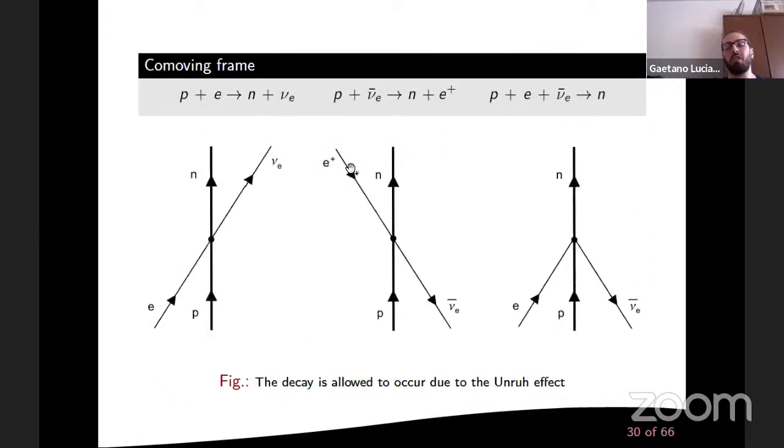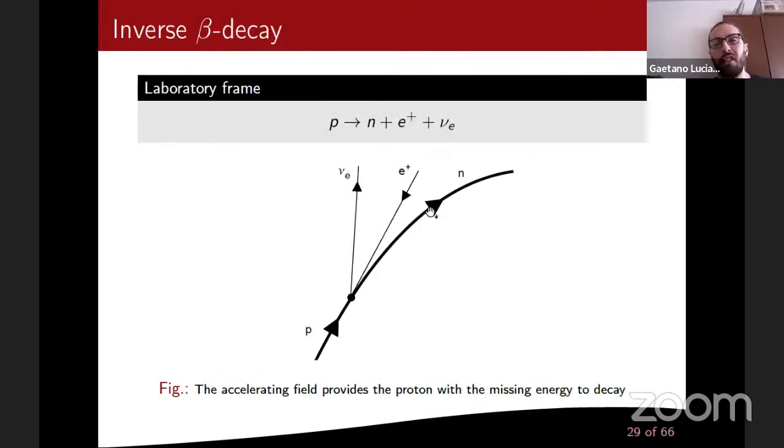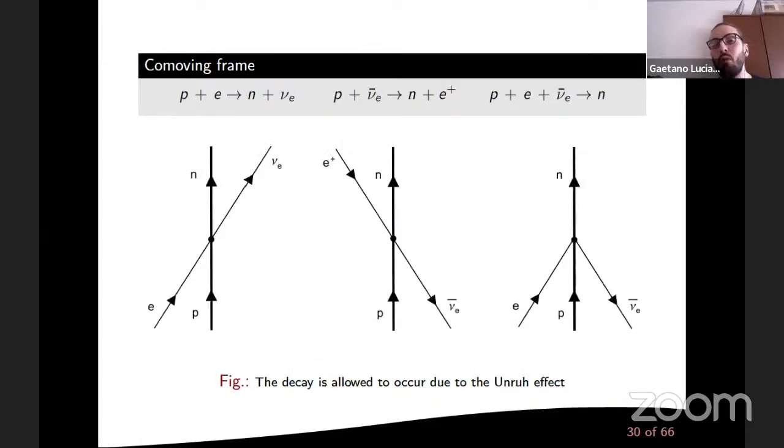But now the question is, this is the process in the laboratory frame, where the particle is accelerating. What happens in the co-moving frame, the frame co-accelerating with the proton, where the particle is at rest? So in principle, there should be no decay. But that's not the case.